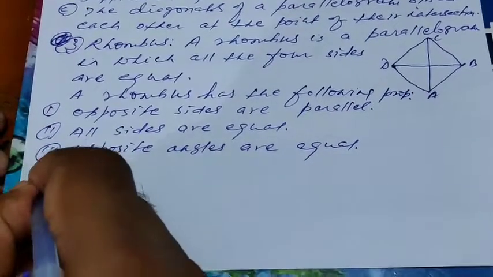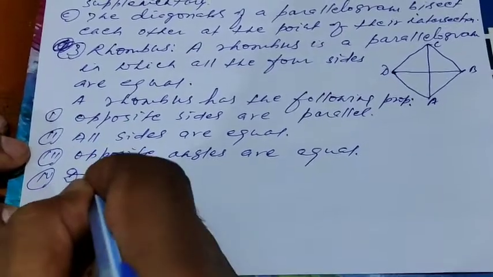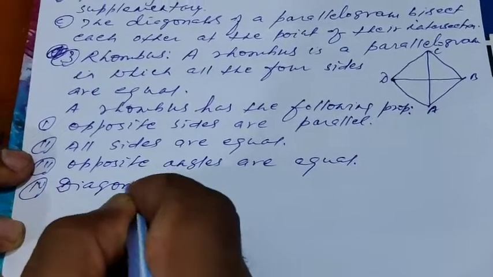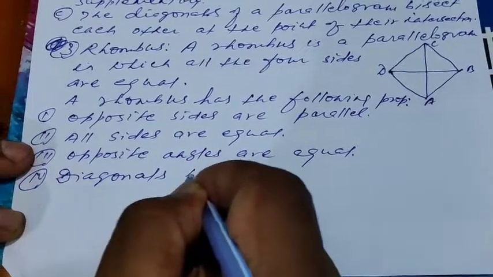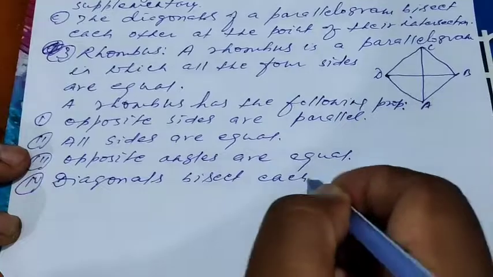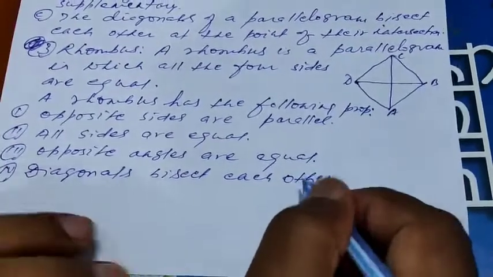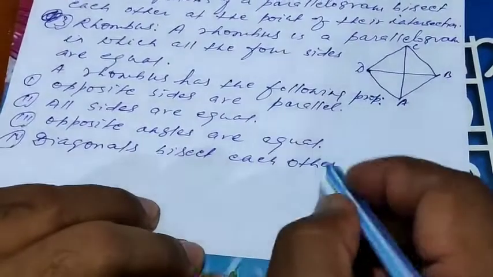Fourth, diagonals bisect each other at right angles.